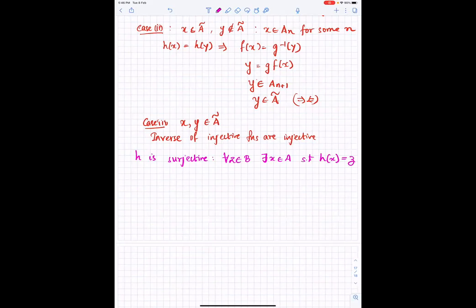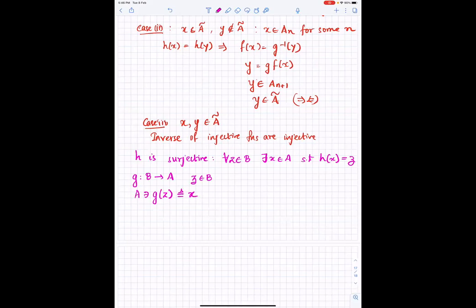I mean, because we know that h is a function from A to B. So just like before, we know that there is a function g from B to A. That's the function that we started with. And we know that z is in B. So let's look at the image of z under g. This is some element of A. Let's just call this x.